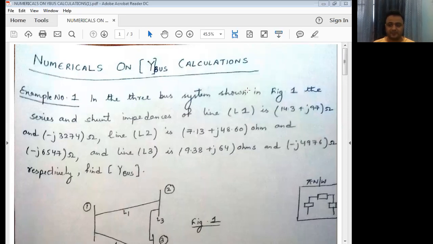In the previous video, we had discussed numericals regarding how to solve node elimination technique in Y-bus matrix. And in the second category, we had discussed how to frame Z-bus matrix from a 4 by 4 Y-bus matrix.